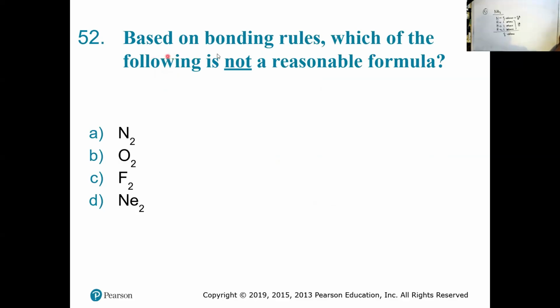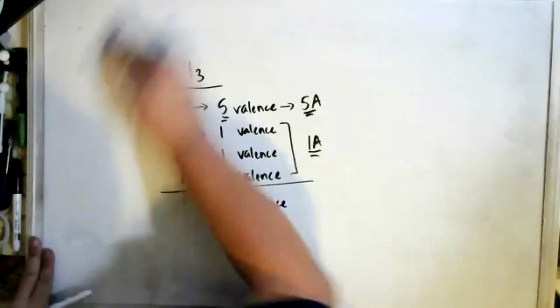All right. Based on bonding rules, which of the following is not a reasonable formula? So these bonding rules that they're talking about would be like our Lewis structures that we were making. So remember when we were talking about which elements are more likely to form diatomic molecules and which ones aren't? You can use the number of valence electrons that each one of these things have to figure out if it wants to bond to something else or not. All right, so let's look at each of these real quick.